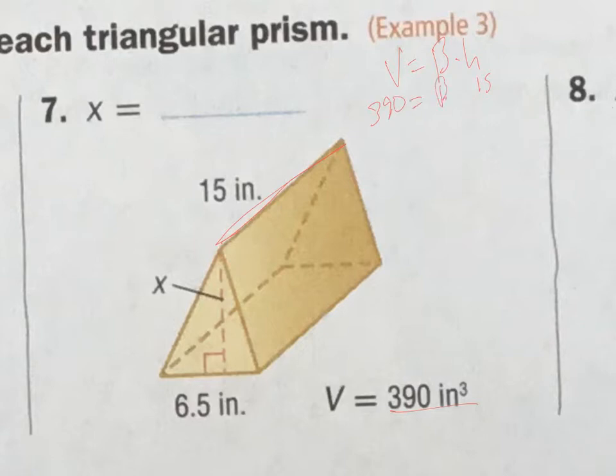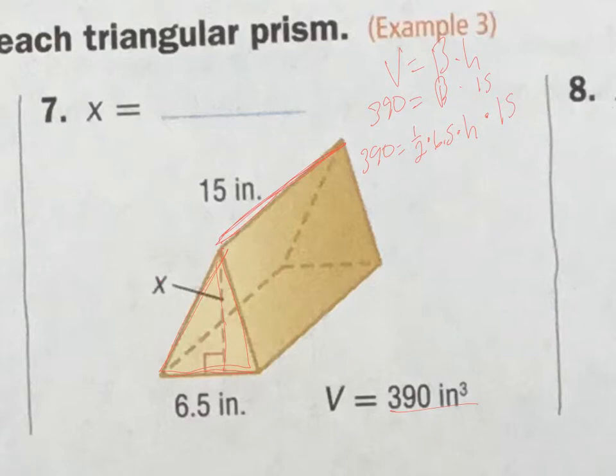And then we're just missing this big B. So let's do the best we can. 390 equals 1/2 times, for this triangle here, here's the base and here's the height. We don't know the height. So it's 1/2 times 6.5 times H, and then times the height between the two is 15.